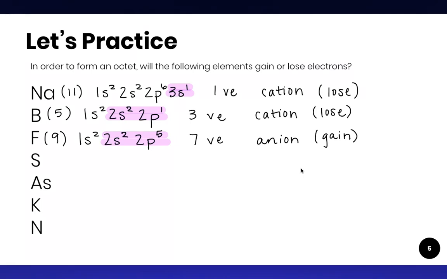Sulfur has 16 electrons total. This atom has 6 electrons in its highest occupied orbital, meaning that it has 6 valence electrons.